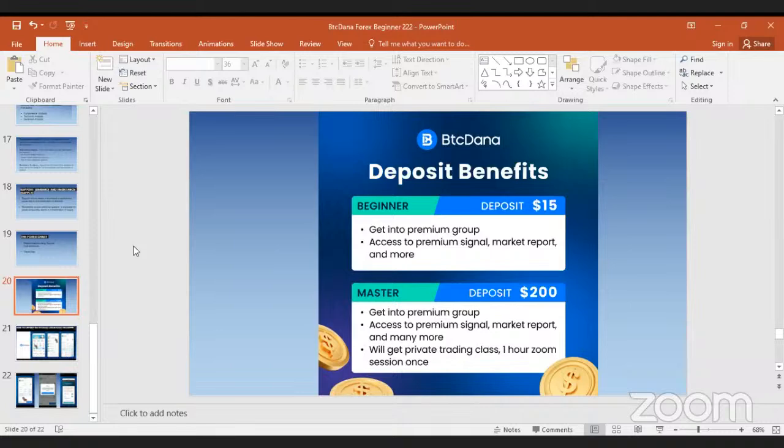So let's say you have $100 in your account right now. BtcDana has a stop out of 30%. So when your account goes below that percentage, they are going to start closing your trades. That is basically what a stop out means.